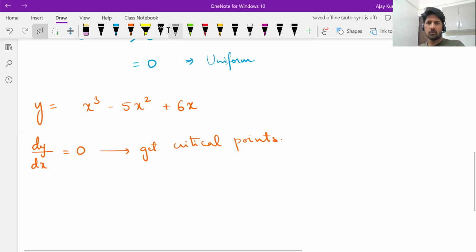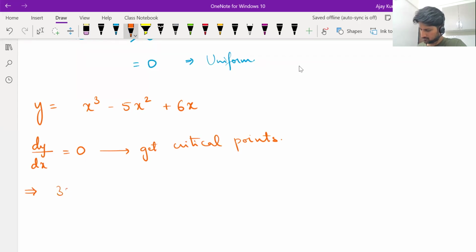If any of you have found the critical points or critical values of x, you can tell. Okay, Pawan, what is the derivative of the given function? 3x square minus 10x plus 6.